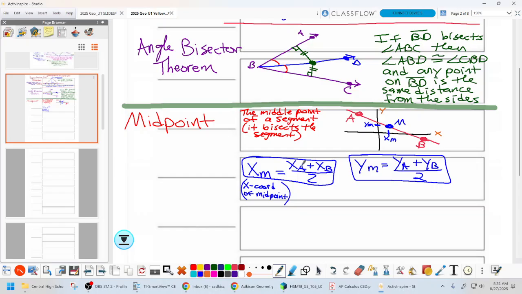Guys, I'm writing the A's and B's and the M's actually too down below. It's called a subscript. So it's a version of notation or organization, so that I know this is the x coordinate of point A, which is one of the endpoints.